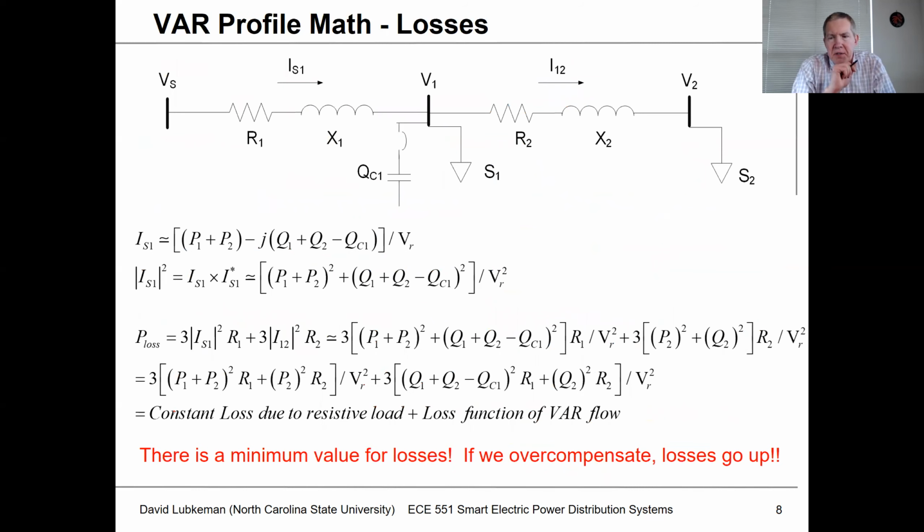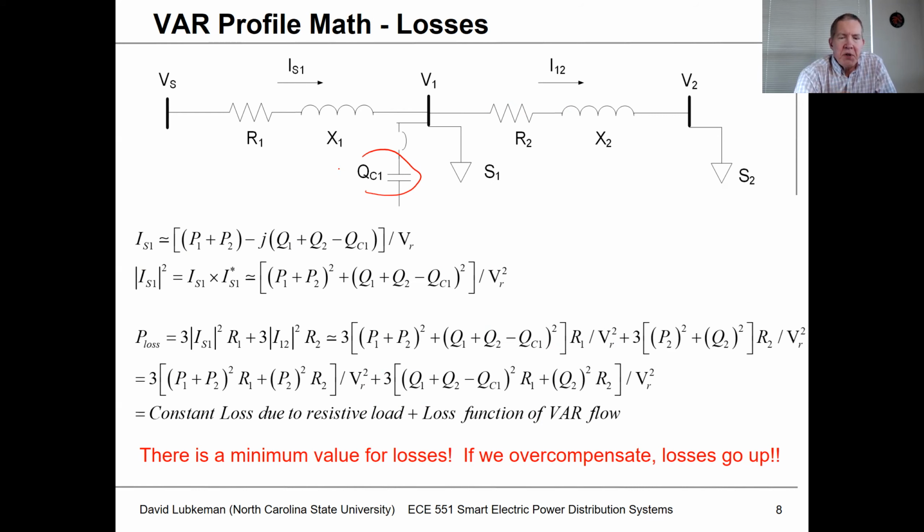So let's take a look at some of the math behind this. We'll take a look at the math on the losses first. The way we're going to start is to look at this 2-bus circuit. Let's suppose we're just doing VAR compensation at bus number 1. Each of these loads has a real and a reactive component to it.